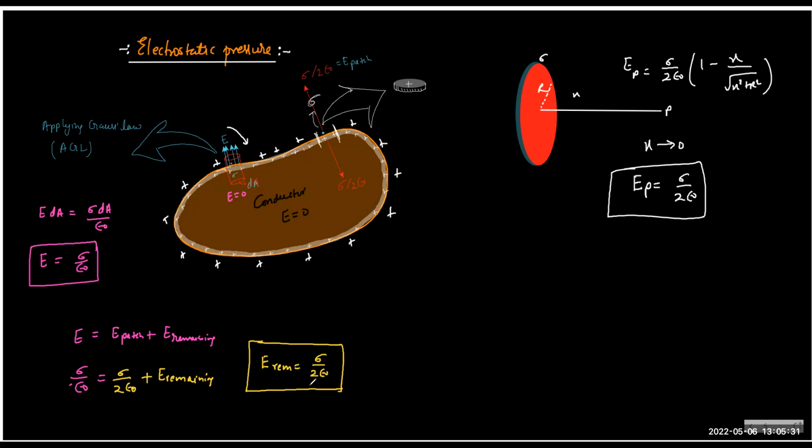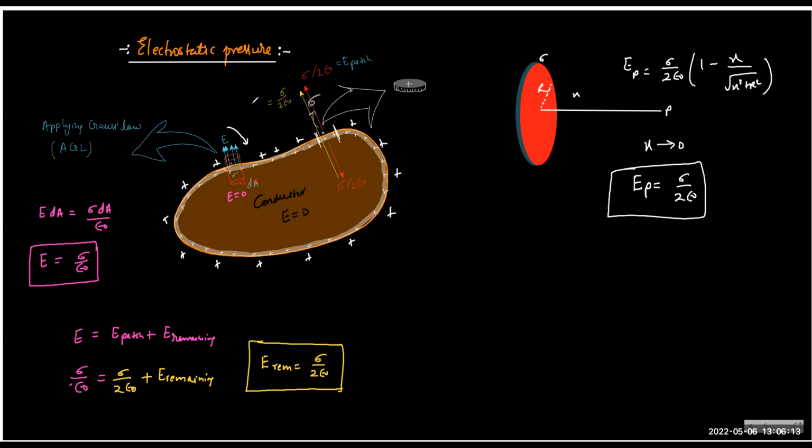Yes, sir. So the idea is the disk will create the field below and up, as you can see here. But inside the conductor, net field should be 0. So the remaining charge will conspire to make this 0, and to make this 0, you will create a net field like this, and the value of the field will be sigma by 2 epsilon naught.